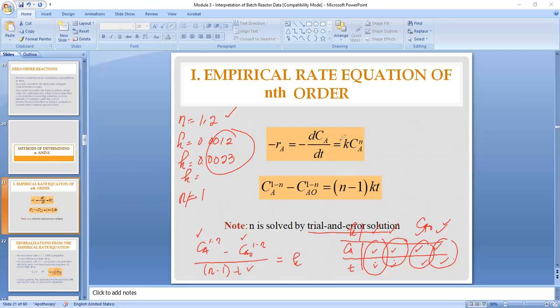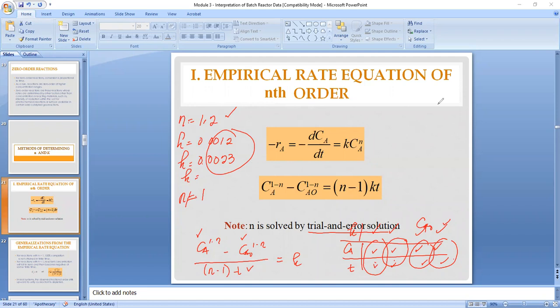Now, what I like about this empirical rate equation of nth order also is that you are not limited to integral values of the order. If you can recall, when you assume zero order, first order, second order, third order, they are all whole numbers. They are integral values, 1, 2, 3, 4, 5, only that they are not negative.